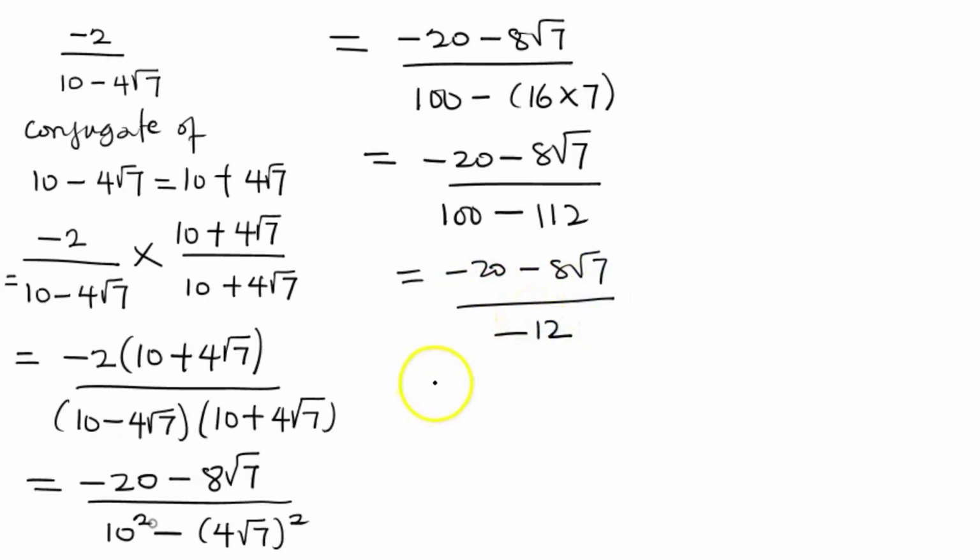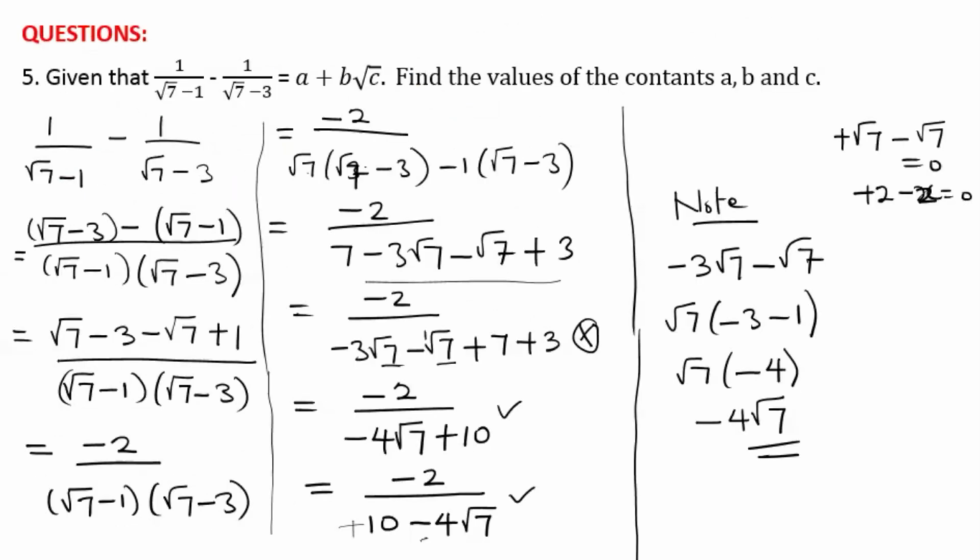Okay, all right. So when we do this, because we are told the form they want it to take, the examiner says they want it to be in the form of a plus b root c, and we are asked to find the constants. If you remember what the question told us to do, we are given this, and we are to find the values of the constants a, b, and c.